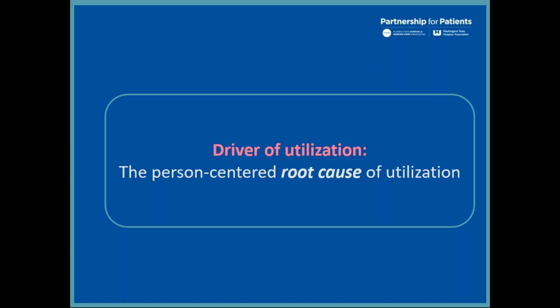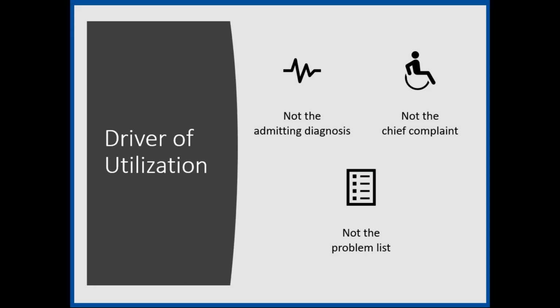The driver of utilization is the person-centered root cause of their utilization. And this is something that needs to come from the patient. It's not their admitting diagnosis, and it's not their chief complaint. And oftentimes it is not in their problem list at all.